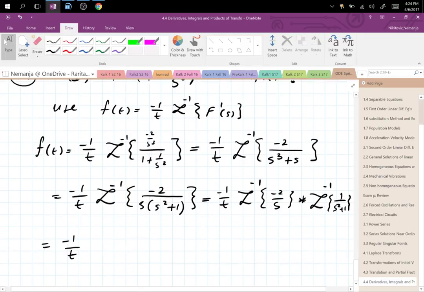I'm just not paying attention. So yes, the inverse Laplace of 1 over s is 1, so the whole thing is just negative 2, right? So we are convolving negative 2 with what? Sine of t.